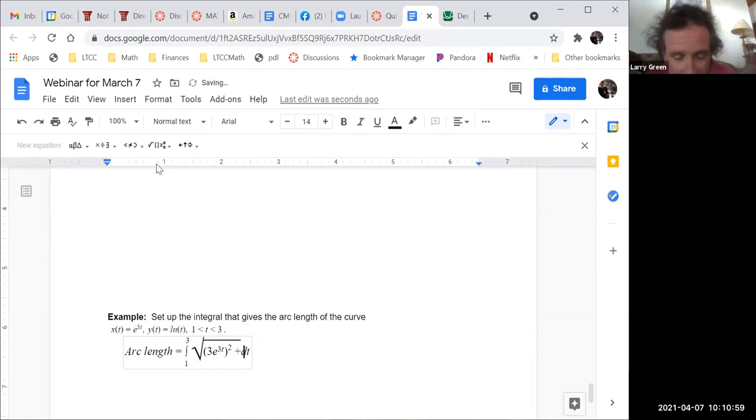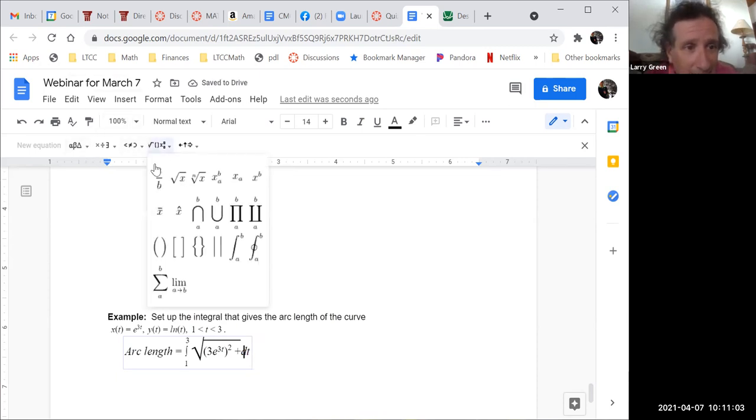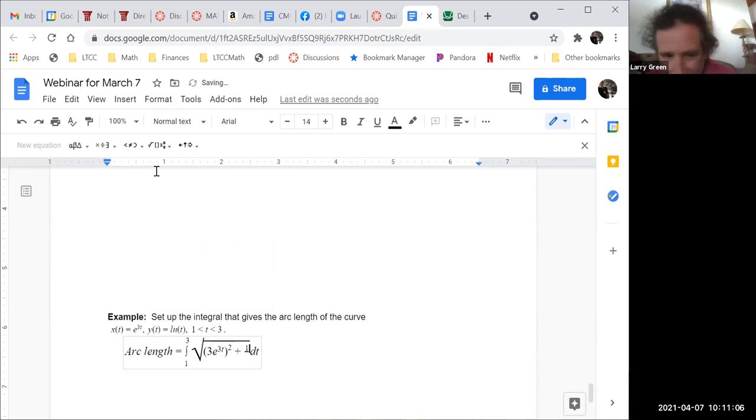Whoops. Let's try it one more time. That's better. By the way, if I asked you to actually solve this integral by hand, what would you do?